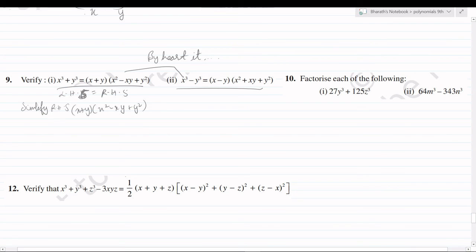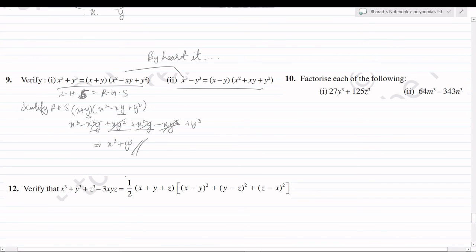Multiplying x overall, x cube minus x square y plus x y square. Now plus x square y minus x y square plus y cube, because y into y square is y cube. See this and this, plus and minus, so they cancel. This and this, plus and minus, cancel. So at last we get x cube plus y cube.